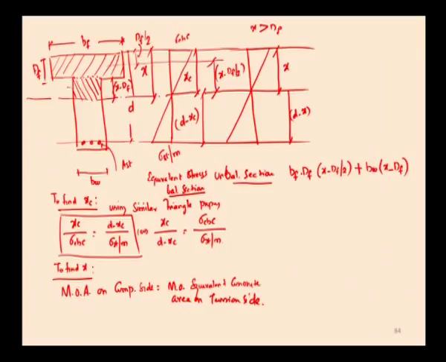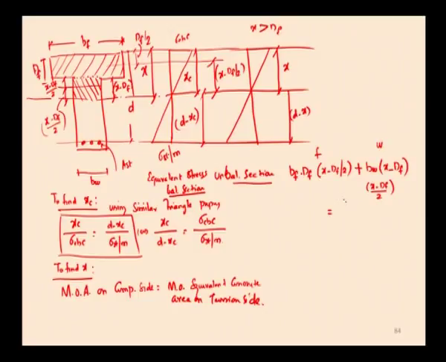The depth of this portion is x minus df, and its CG is at the center, so the distance of its CG from the neutral axis is x minus df by 2. This is the moment of area of the flange portion, that is f, and this is the moment of area of the web portion, that is w.